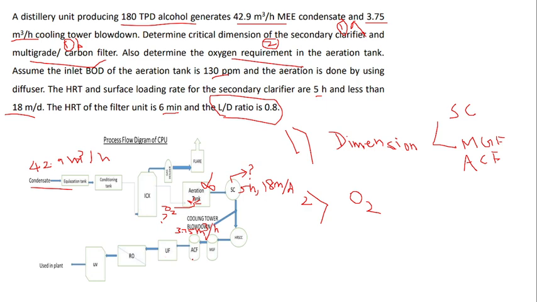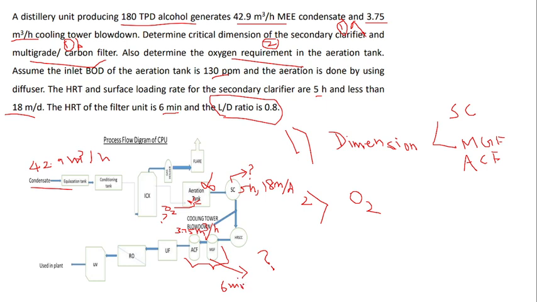So here they are asking us to find the dimensions of these two filters. For this, they have given us the HRT of the filter unit. So 6 minutes is the residence time.